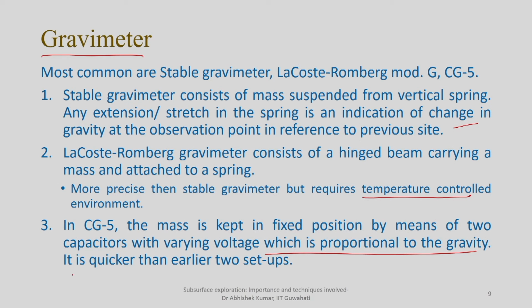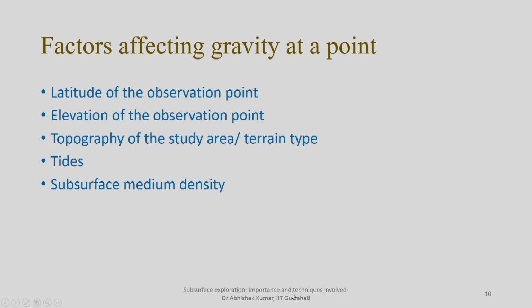It has been highlighted by different experts that the last one, the CG5 gravimeter, is quicker and more rapid for field measurements in comparison to the stable gravimeter or Lacoste-Romberg gravimeter. Further details about this you can check with the manufacturers.